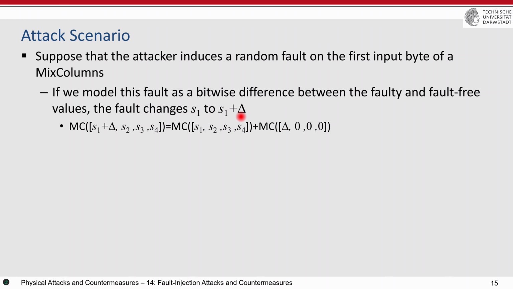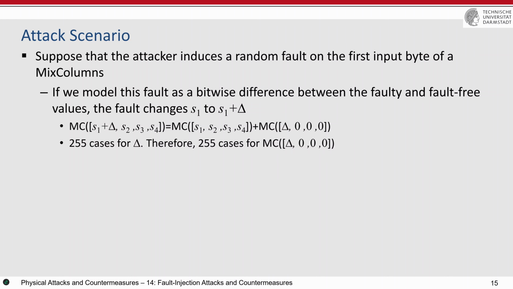Now, if we write this down, MixColumn of S1 plus delta, S2, S3, and S4, if you remember, mix column was a linear operation, then this is the definition of a linear function again: the original MixColumn, XOR the MixColumn of delta, 0, 0, and 0. This is again the original value. This is the fault which you model at the output of the mix column. It means that you injected a fault at the input of the mix column, and you model this fault at the output of the mix column by this.